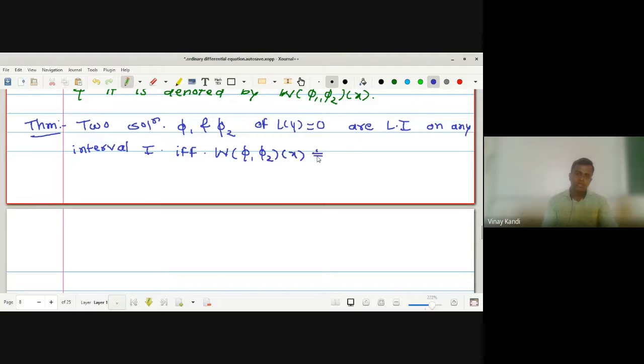Okay, this x is an arbitrary point, for all x belongs to I, where x belongs to interval I.